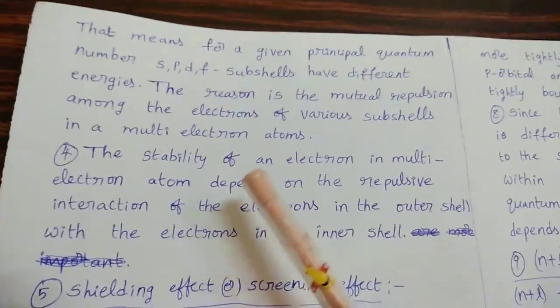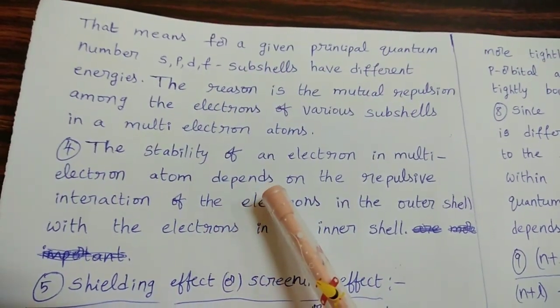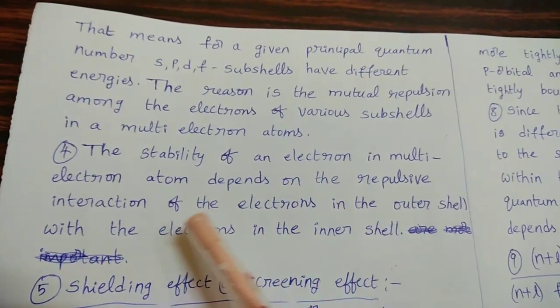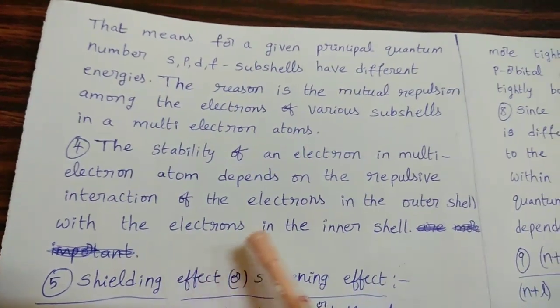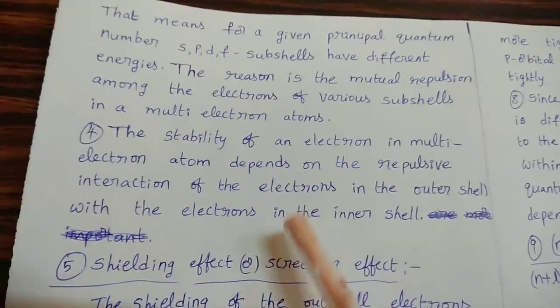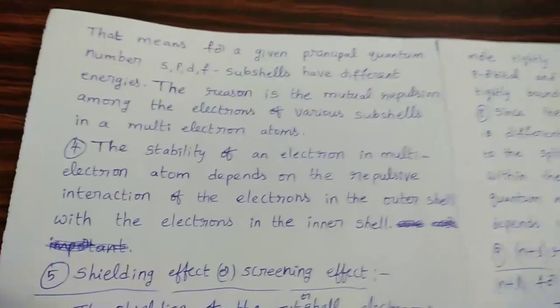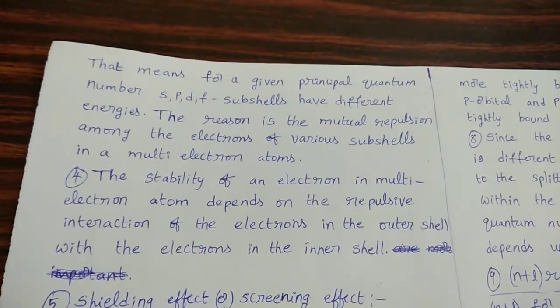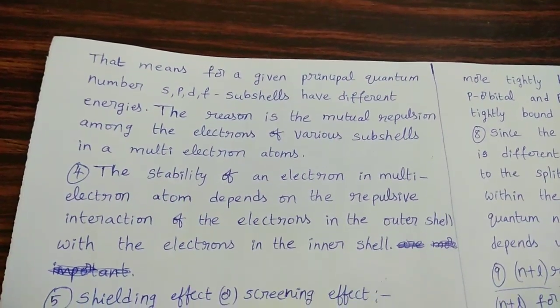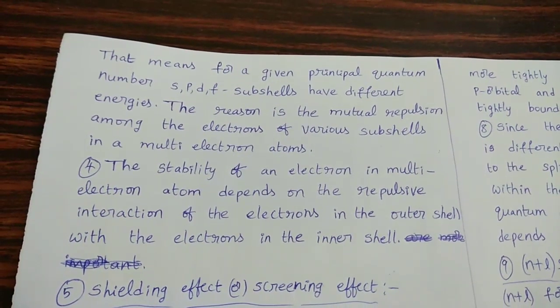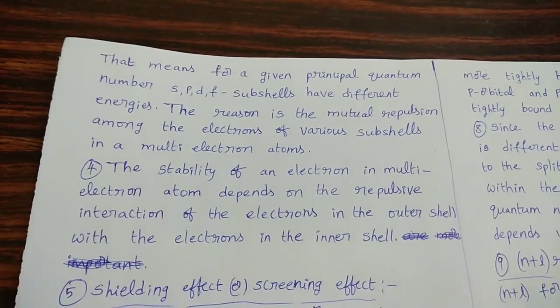Okay. The stability of an electron in a multi-electron atom depends on the repulsive interaction of the electrons in the outer shell with the electrons in the inner shell. So if we take a multi-electron atom, at the center the nucleus is present. The last shell is called the valency shell. It is also known as the outer shell. The outer shell has electrons.